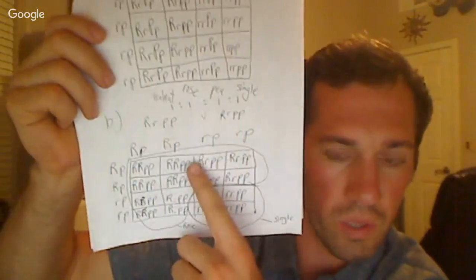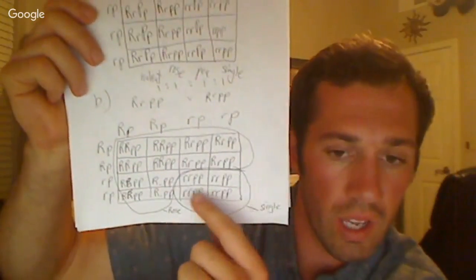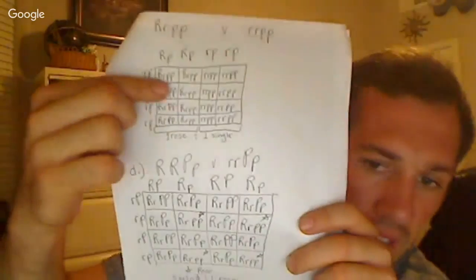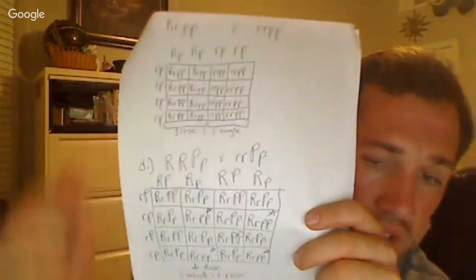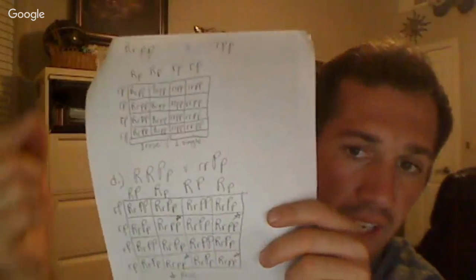And then I just had to change it up and find which ratios would give a 75% rose and 25% single for B. Moving on, which ones would give a 50-50 split for rose and single. Sorry that it's backwards.